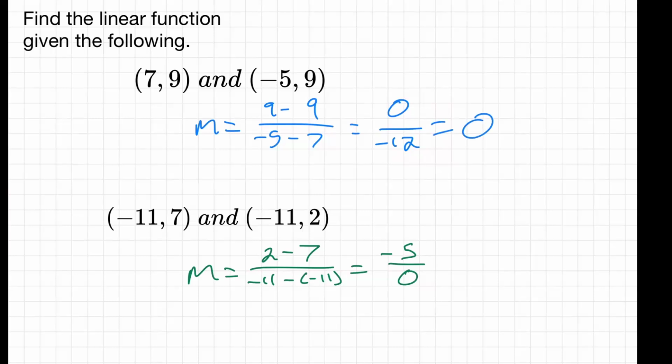However, for the next one, what is -5 divided by 0? It's undefined. We cannot do that division. Well, guess what? Up here, our slope is 0. So at that point, we can just write the equation of our line. Because y equals what?